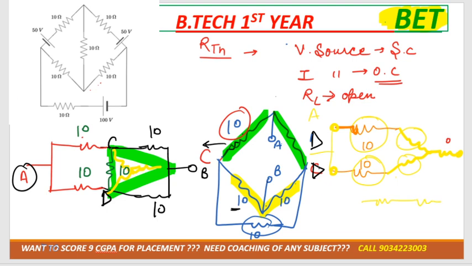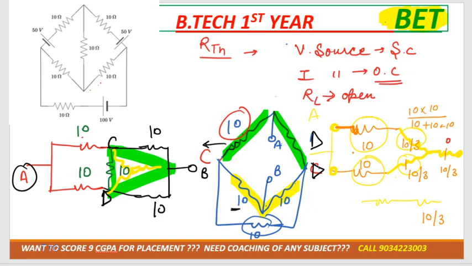Now what is the value of this delta? So as you know, 10 into 10 divided by 10 plus 10 plus 10. So it would be 100 by 30. 100 by 30 means 10 by 3. So this is also 10 by 3, this is also 10 by 3, and this is also 10 by 3. Correct? So this 10 by 3 as it is.